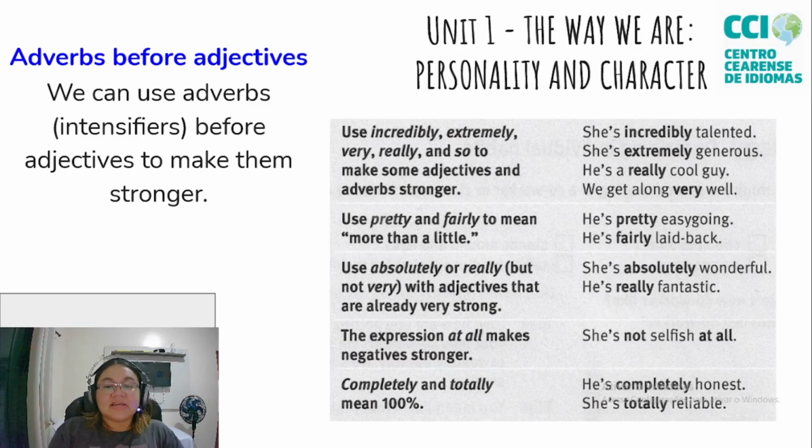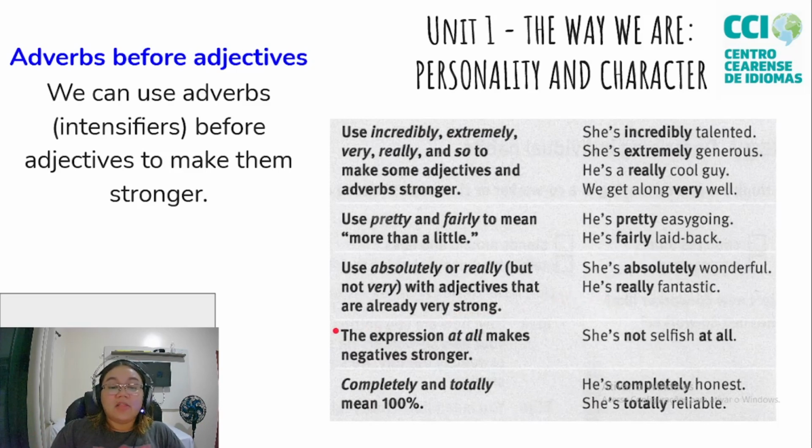So when we have these types of adjectives like wonderful, fantastic, perfect, we don't usually use adverbs before them, but if you want to, you can use absolutely or really. She's absolutely wonderful, she's just too wonderful. He's really fantastic, it's a lot. It's making it much stronger.